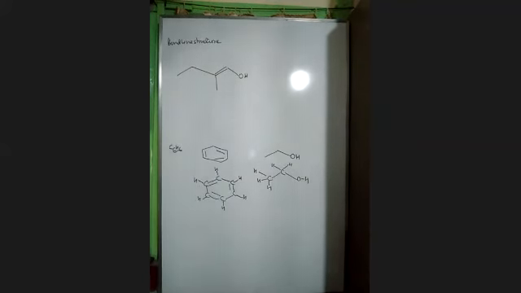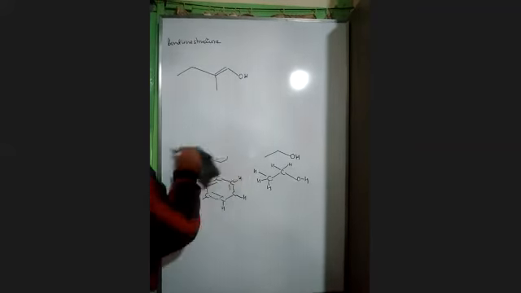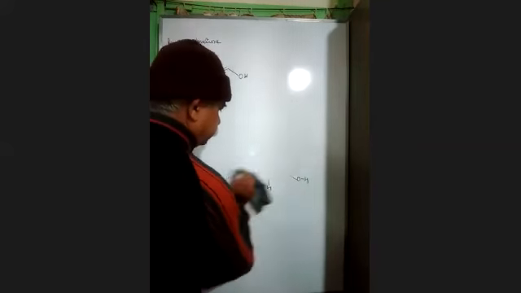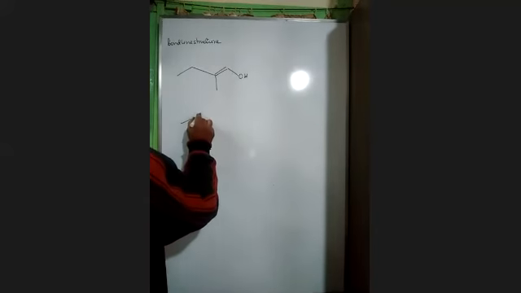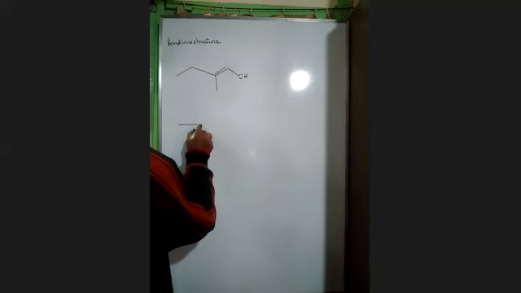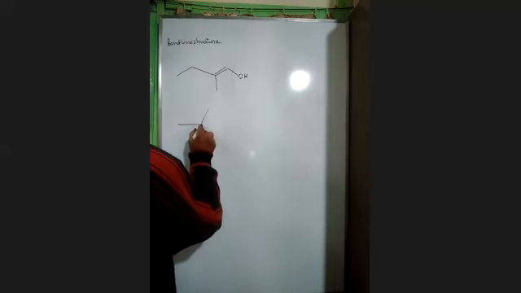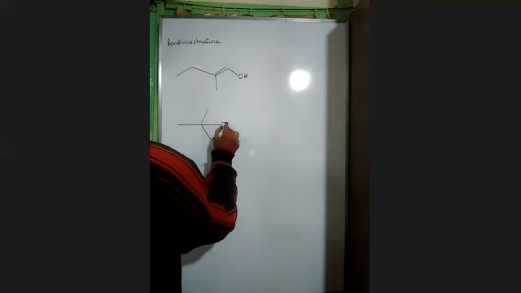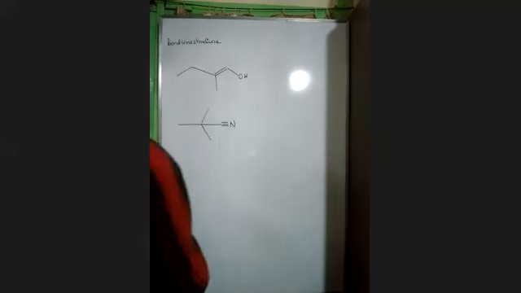Then find the number of hydrogens by subtracting the bonds from 4. Right. Like this.